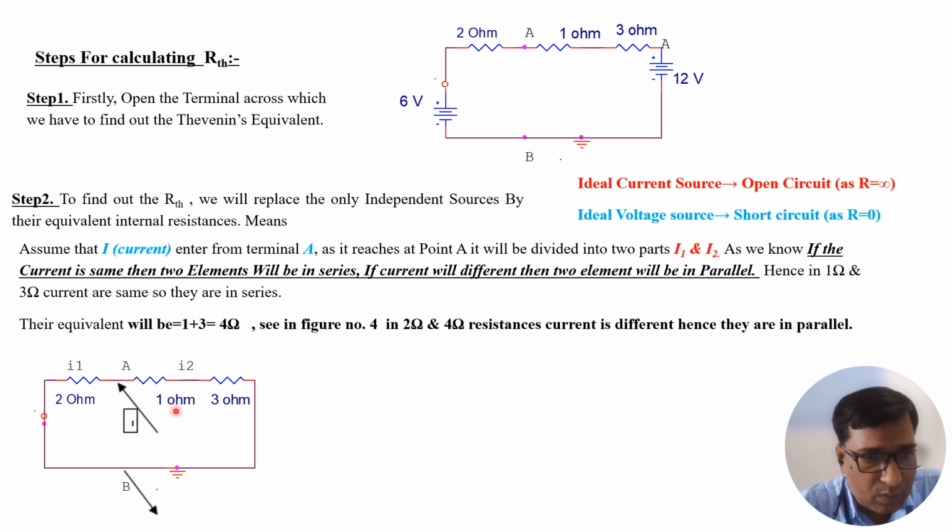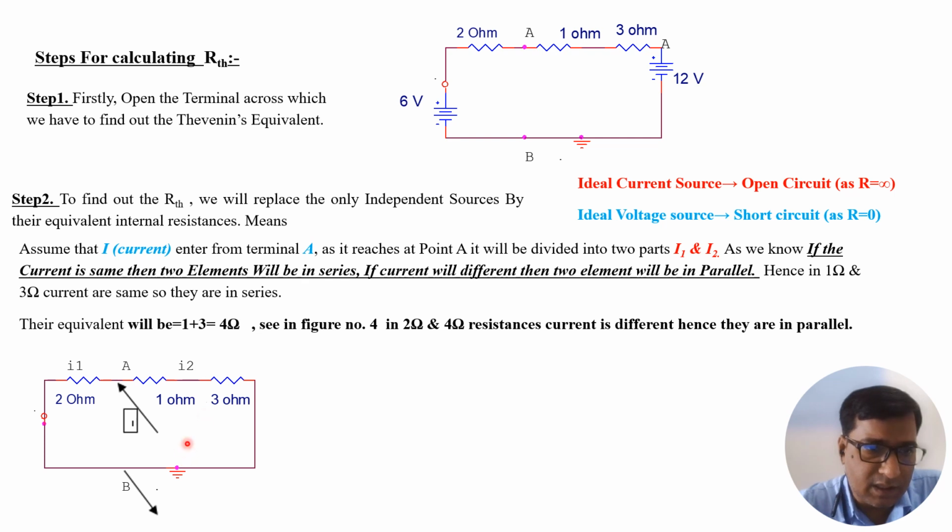Here 1 ohm and 3 ohm will be in series, and this part I1 and this part I2, because they are carrying different currents, will be in parallel. So accordingly, 1 and 3 are in series, so the equivalent will be 4 ohm. This 4 ohm and 2 ohm have different currents, hence they will be in parallel.